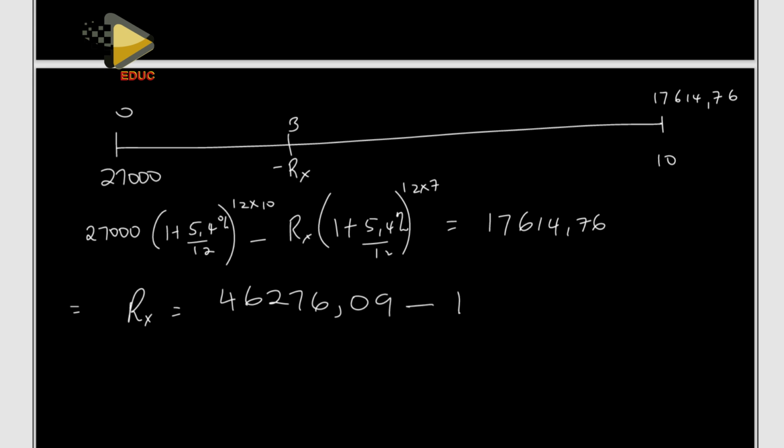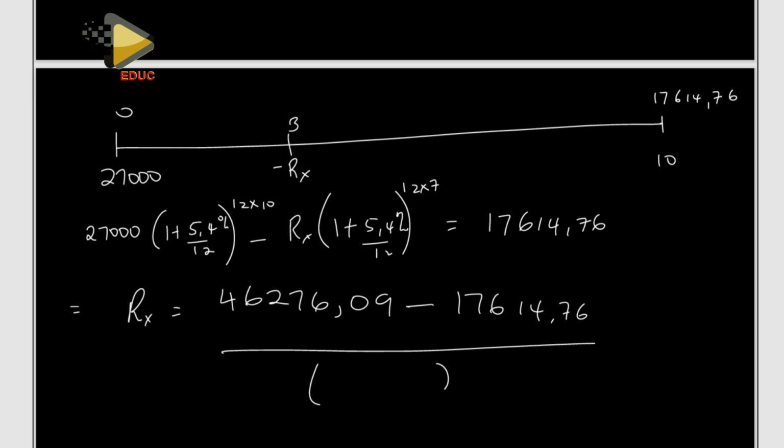I'm subtracting the 17,614.76, and then I'm going to divide by just this portion. So that portion alone, let's delete this first. This is going to be 12 times 7. This should be 84.